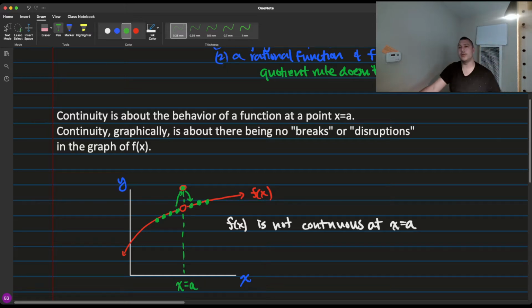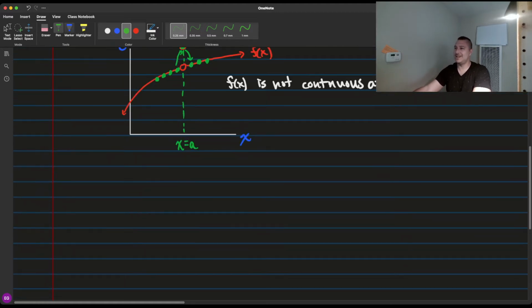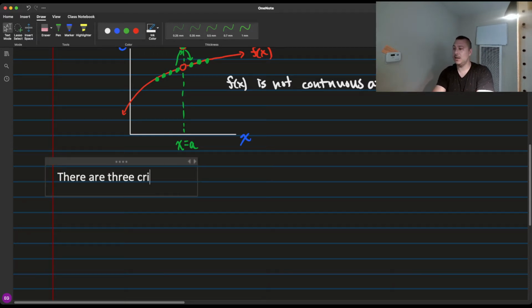So there are 3 things that have to happen for your function to be continuous. What we're going to discuss is how they go wrong. So there are 3 criteria of continuity.